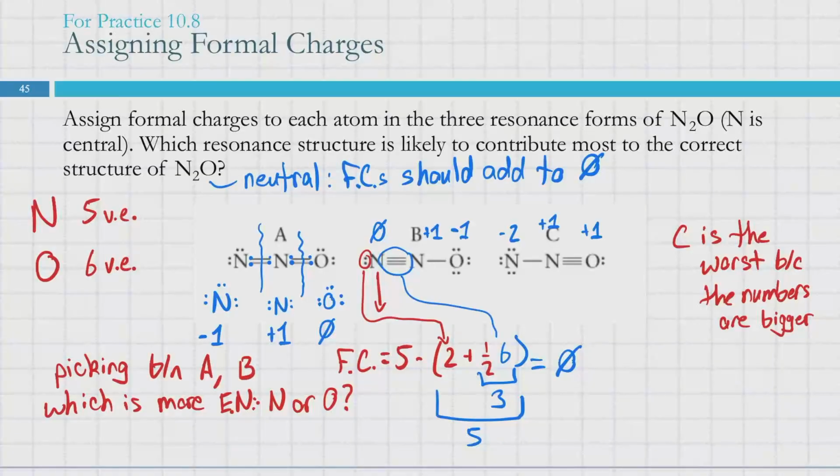There they are, fluorine. Fluorine gets the value of 4, that's the highest number. Things that are closer to fluorine also have higher numbers. So oxygen is closest to fluorine, nitrogen's a little further away. That means oxygen's going to have a higher electronegativity value. And so oxygen will get the negative charge, which means that B is the best structure.